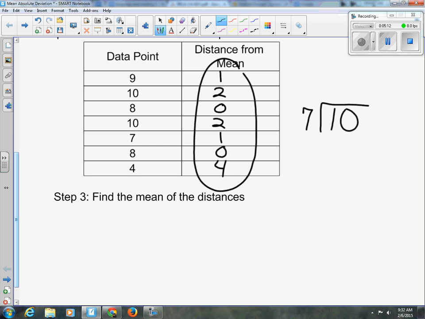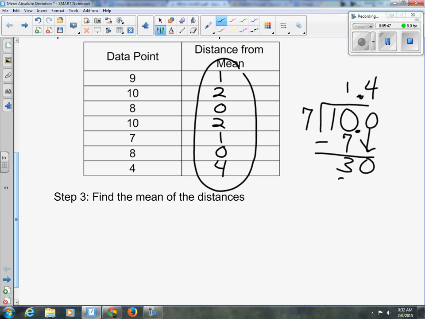7. So we do our division, and we come up with a 1 minus 7 is a 3. We got to add a decimal and a 0. Bring this down. 7 goes into 30 how many times? 4 times. I'm going to put my decimal right there. As I can tell right now, it's not going to come out evenly. So I'm going to say round to the nearest tenth. Well, I need to know the next number in order to round to the nearest tenth. So 7's going to go into 30 how many times?